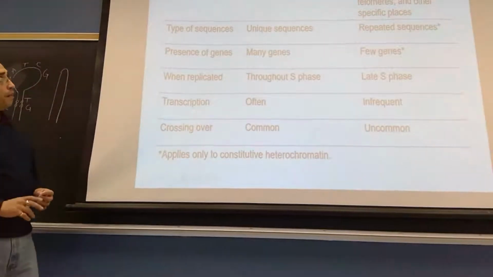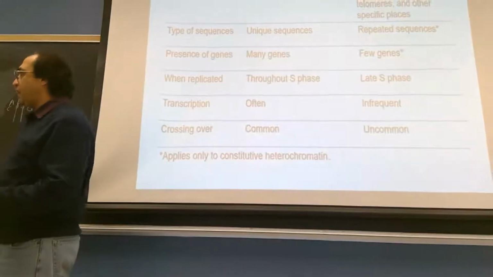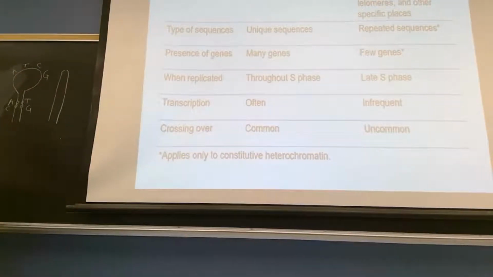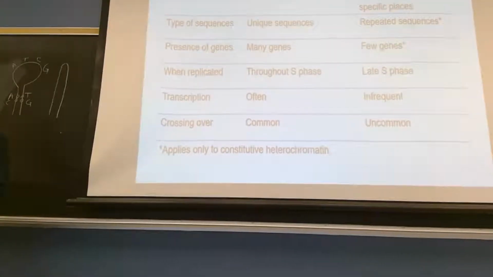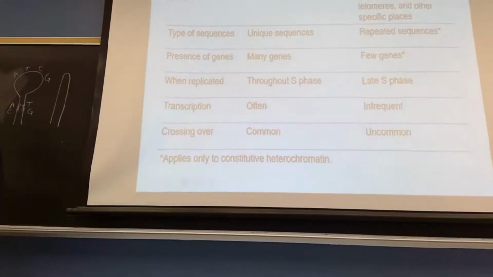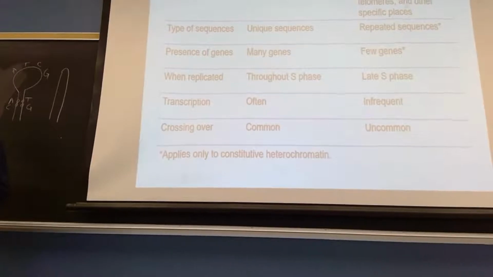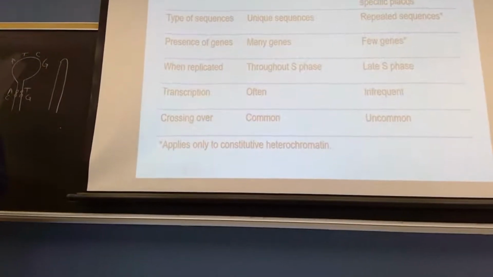The comparison between euchromatin and heterochromatin: euchromatin is less condensed, heterochromatin is mostly condensed. Euchromatin is in the chromosome arms, heterochromatin in centromeres and telomeres.